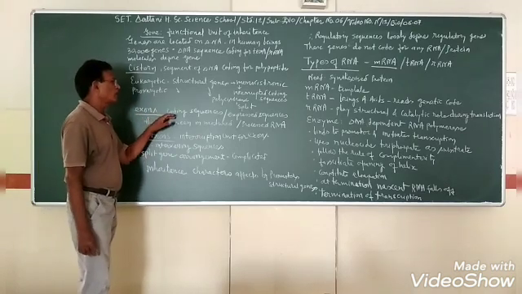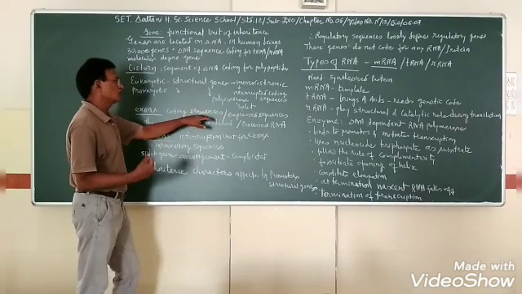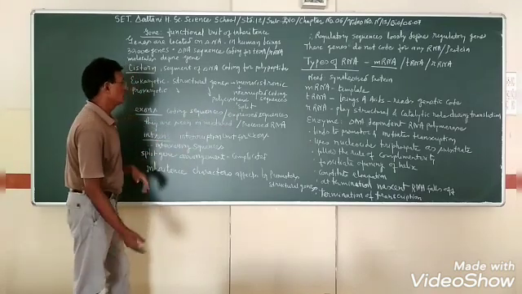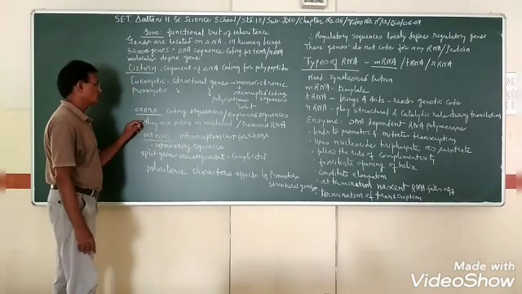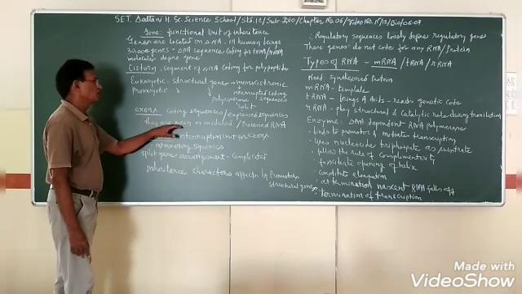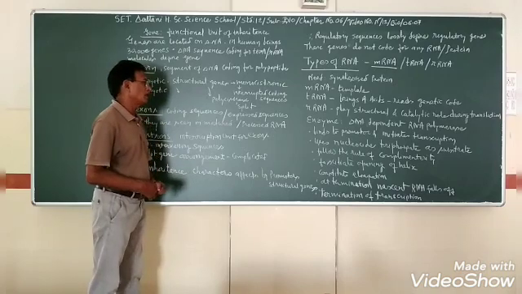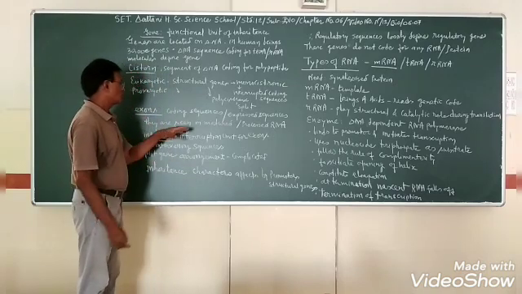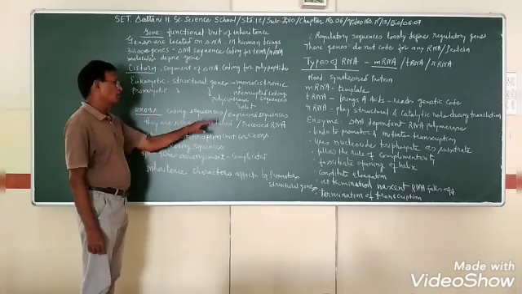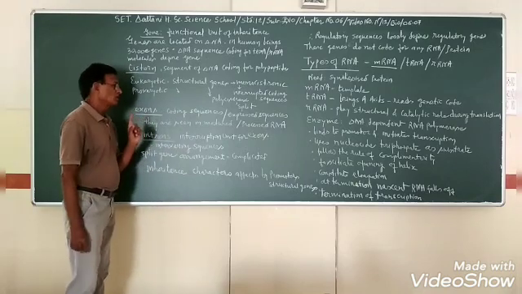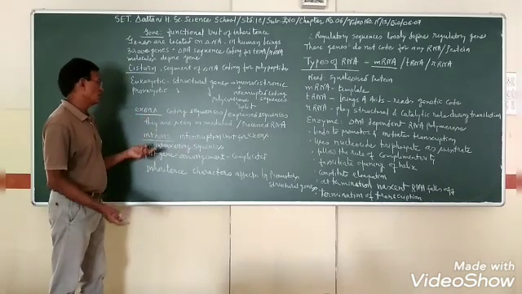Exons are nothing but the coding or expressed sequences in DNA. So they are called exons. Exons are seen in the mature or processed RNA.